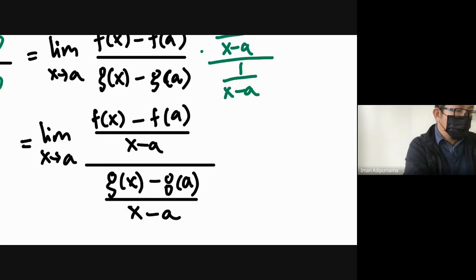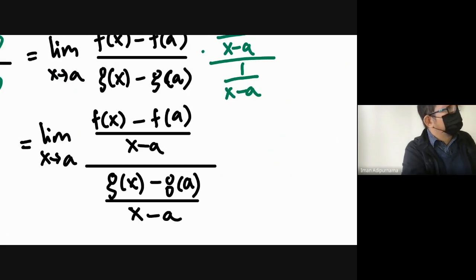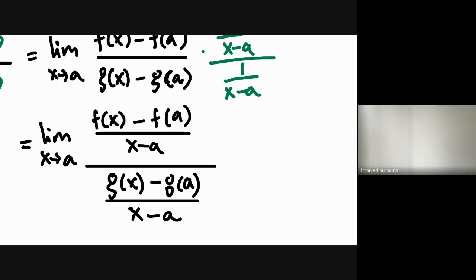Okay, now remember, this is the definition of the derivative, right? We can say the limit as x approaches a of f of x minus f of a divided by x minus a is equal to the first derivative of f, right? This is the first derivative of g. So f prime and g prime.